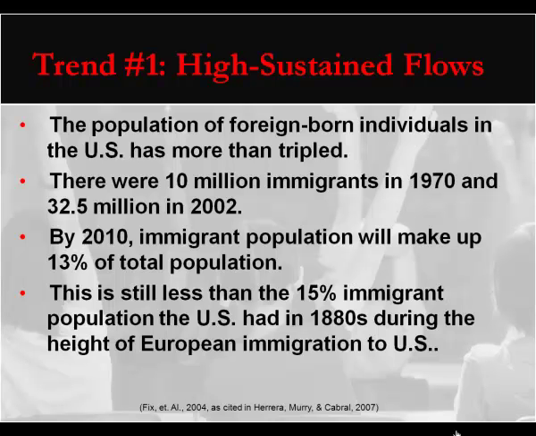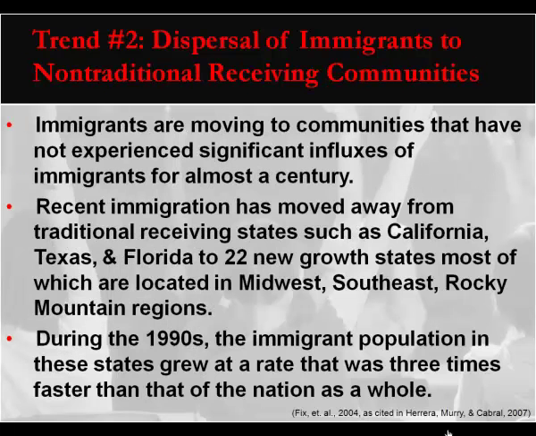By 2010, immigrant population will make up 13% of the total population. This is still less than the 15% immigrant population in the U.S. during the 1980s, during the height of the European immigration to the U.S.